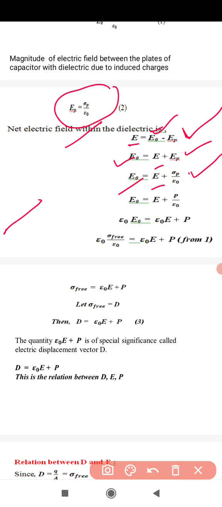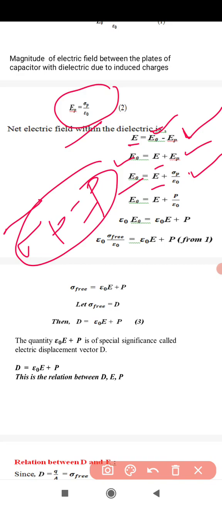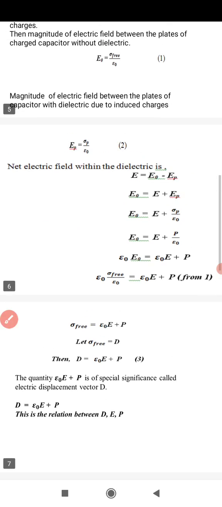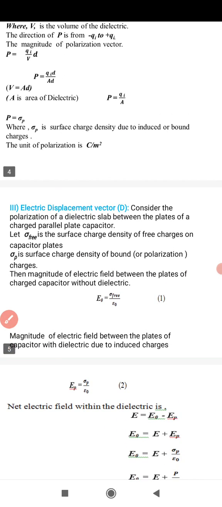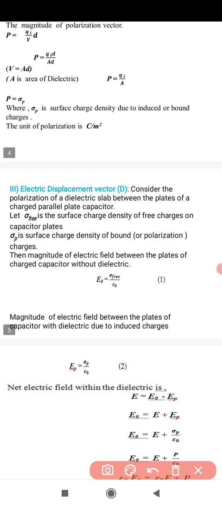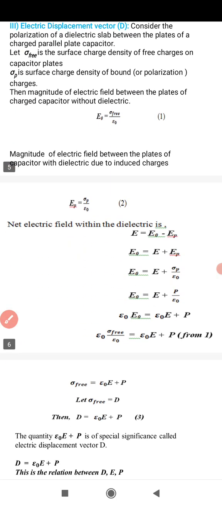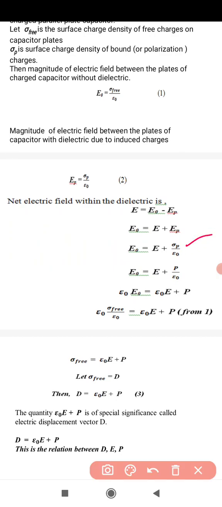Sigma p is equal to P, the polarization vector, as we have already proved in the earlier equation. That is why the polarized field becomes P divided by epsilon naught.